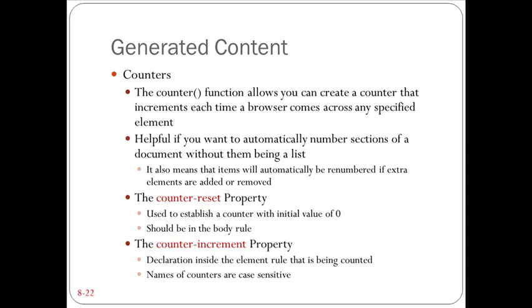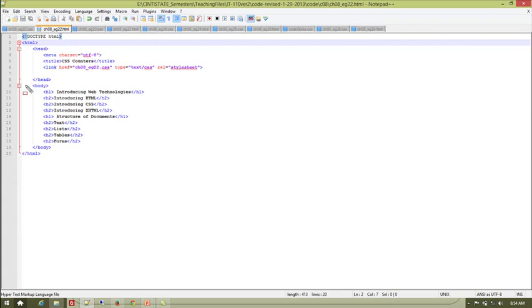The other one that we'll need is the counter-increment property. This declaration should be inside the element rule that is being counted. Keep in mind also that the names of counters are case sensitive. So let's try to pull this together with an example. First of all, in our HTML page, we have a couple H1 headers.